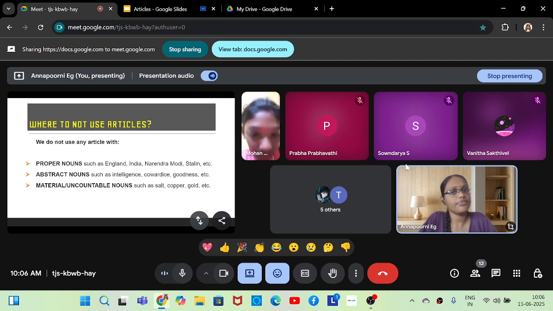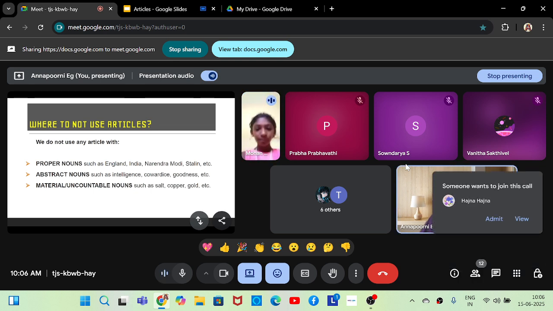There are different brand names, names of places, names of monuments, names of any kind of specific location. So these are all proper nouns. We are not supposed to use any article with proper nouns, for example, England.